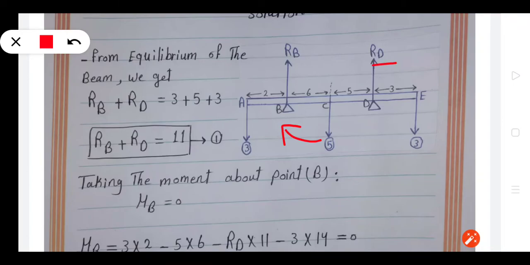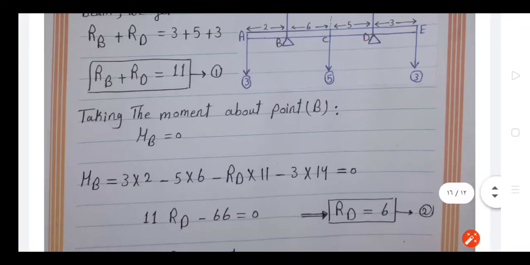And RD is anti-clockwise, so it is positive: RD times 11. And the other 3 is clockwise, so that is negative: 3 times 3 plus 5 plus 6, which equals 14.